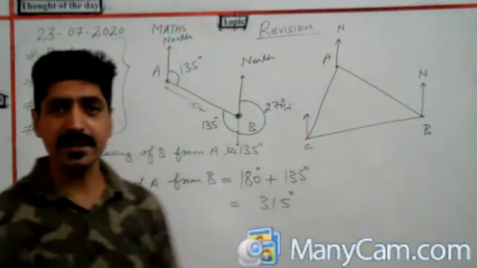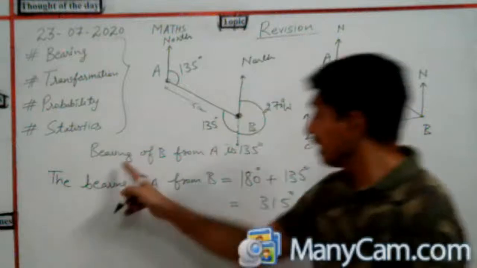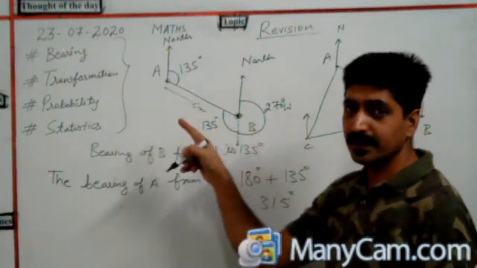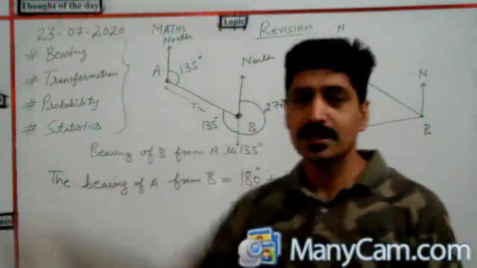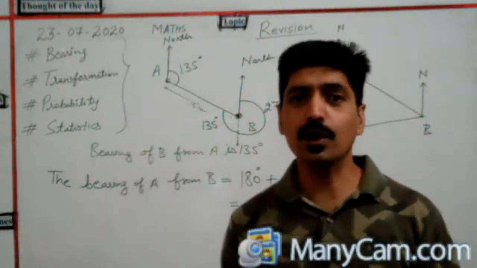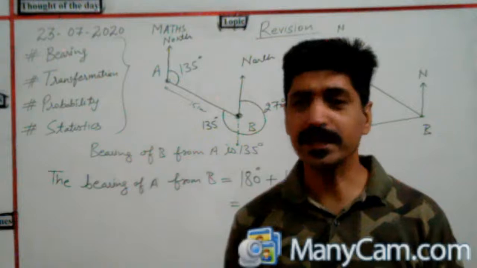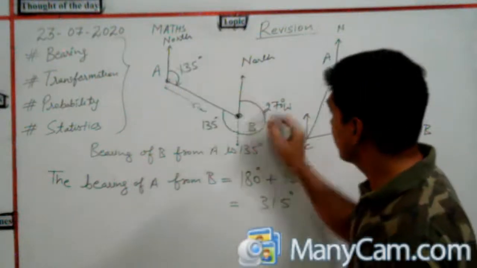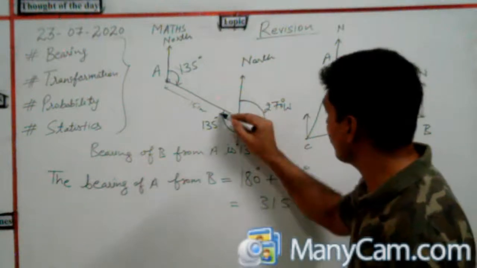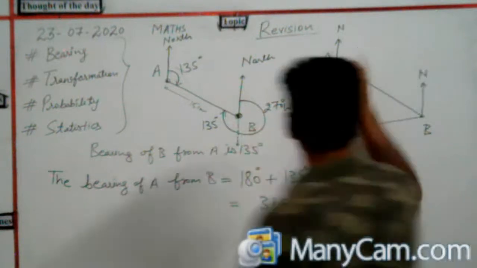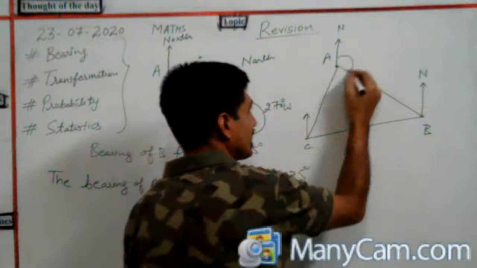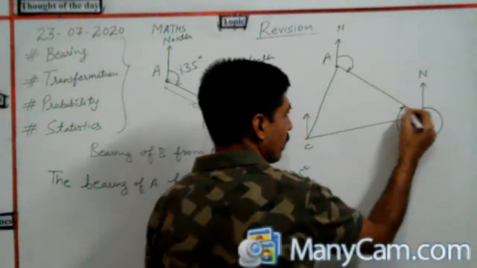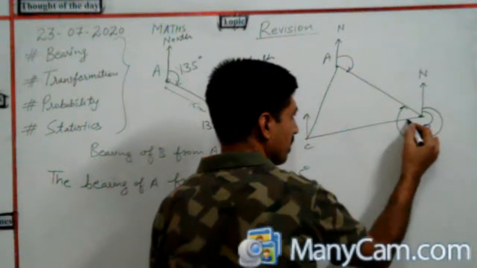Now it is very important that for the bearing of B from A, we are moving in the clockwise direction, right? Here also we are moving in the clockwise direction. So the bearing is always measured in this direction. If point B, we will go from A this way, and to C in this direction.